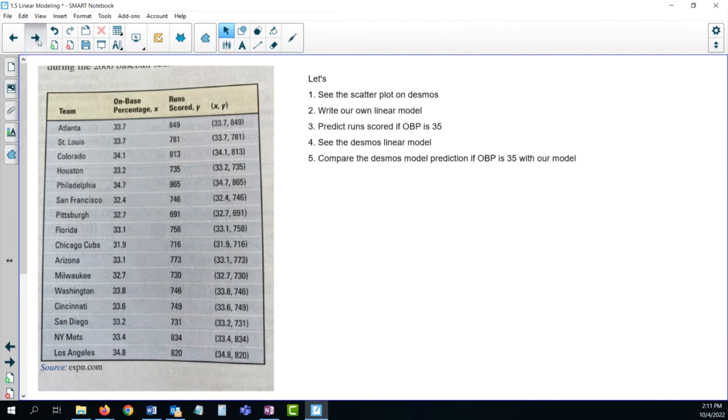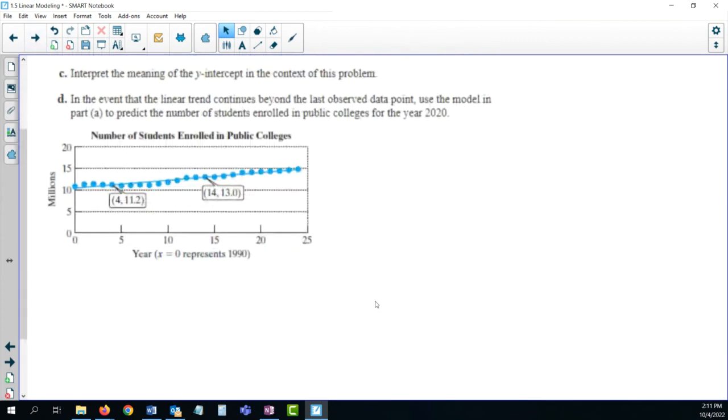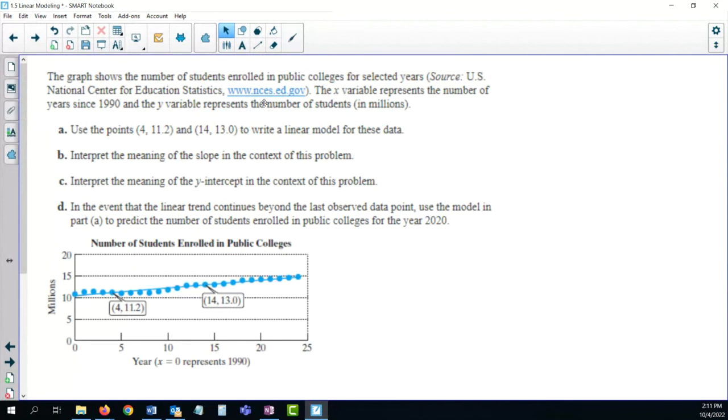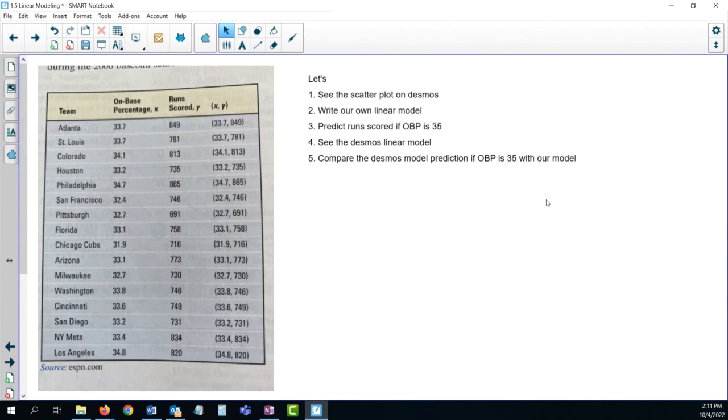This one's not too bad of a problem. And then the last one has us do the same thing as the problem we just did: write a model for these 2 points, interpret the meaning of the slope, interpret the meaning of the y-intercept, and then predict.